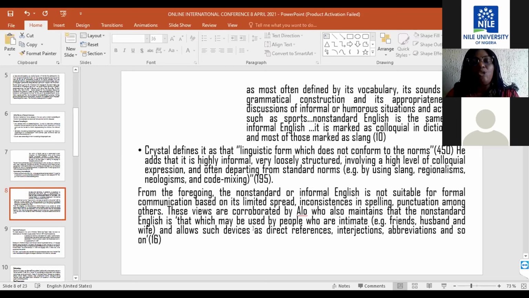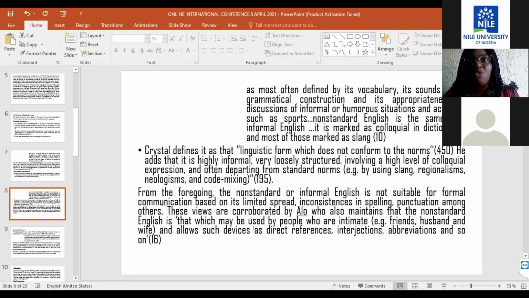Of course, we're going to be looking at this shortly, when I display the data obtained for this study. So based on these two criteria, we say that whenever a context is formal, or whenever one is writing or speaking formally, the most appropriate English variety is the standard or formal English.